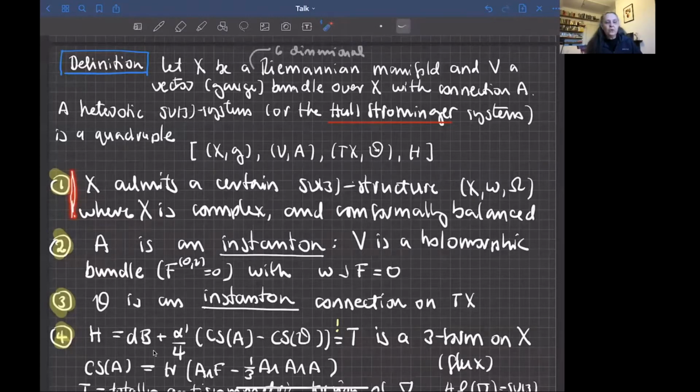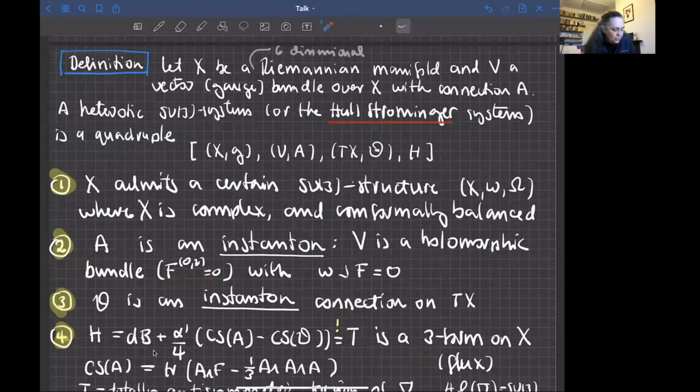But we are going to work not just with manifolds, but also with bundles on the manifolds. So we have that the bundle V, the connection, is such that the connection is an instanton. And by that, I will mean that the bundle is a holomorphic bundle, so it only has a (1,1) part that is not zero.